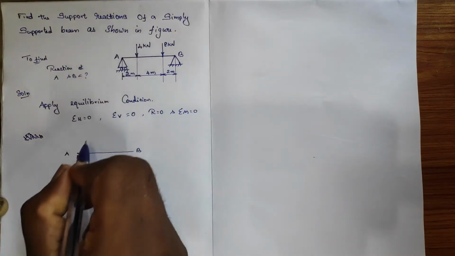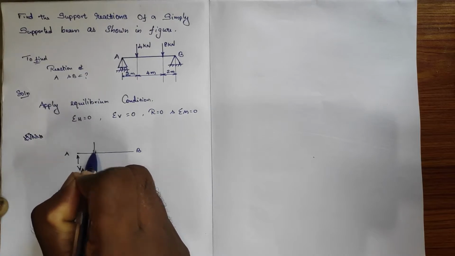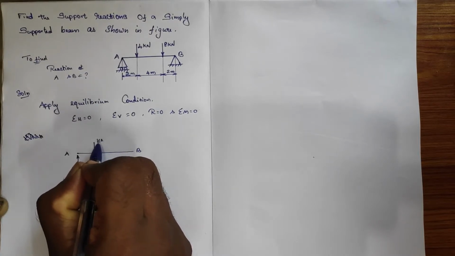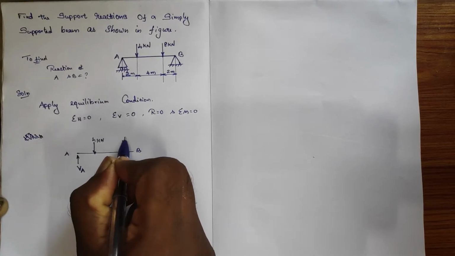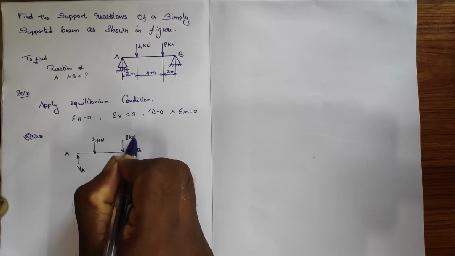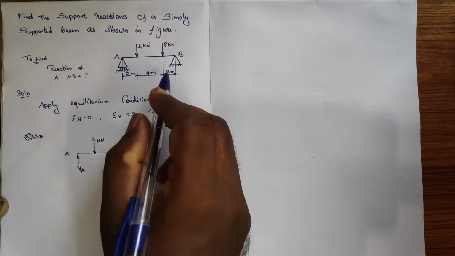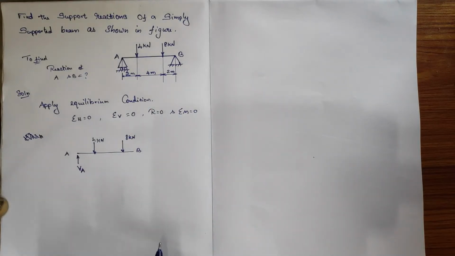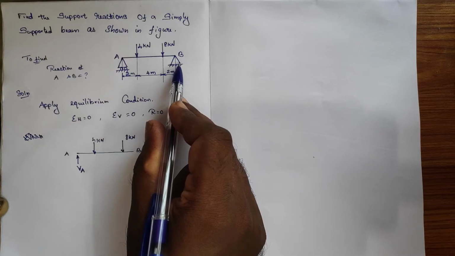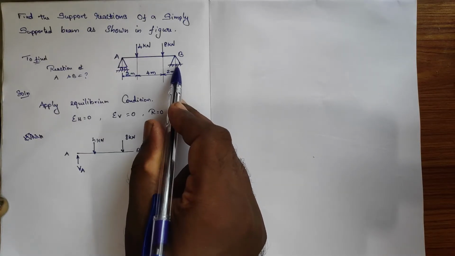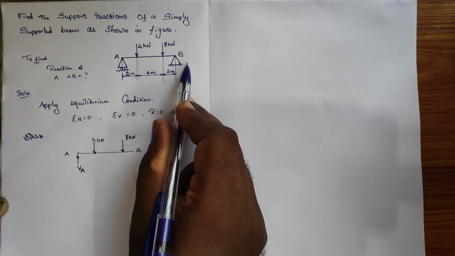As per the diagram, here we have the 4 kilonewton force, and here the 8 kilonewton force. At the point B, we have a hinged support. What about the hinged support? It resists vertical and horizontal motions.